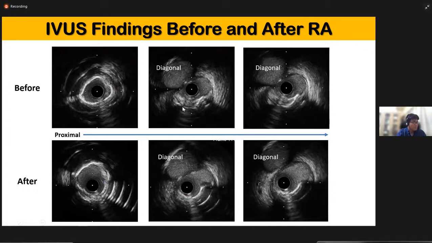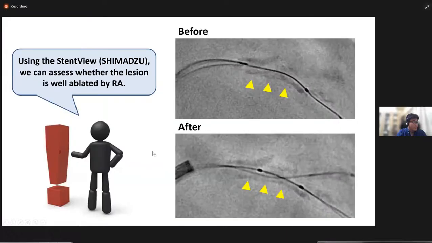The calcium is well ablated with the 1.5 burr, like this. And also, you can assess whether the lesion is well ablated with rotablator using StentView. Before and after StentView findings, the calcium has become much thinner.